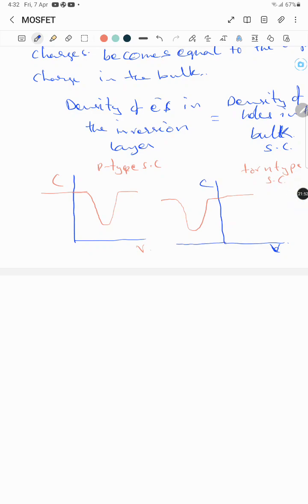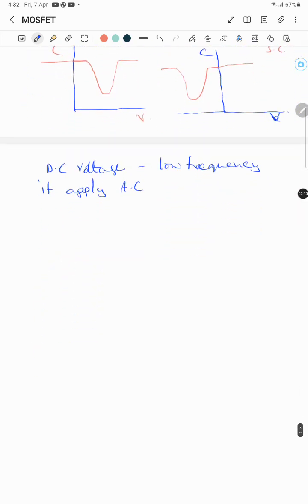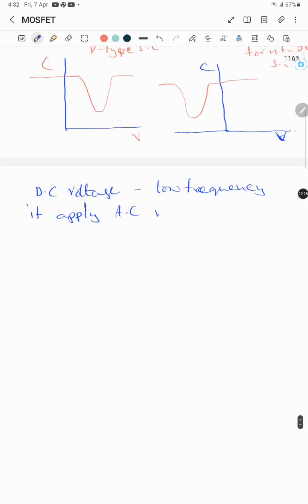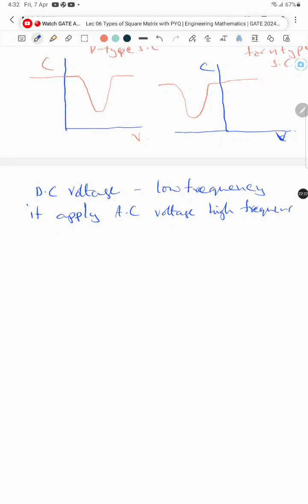Now this is happening when we are applying a DC voltage, or a low frequency voltage. We call this the low frequency CV characteristics of a MOSFET. And what will happen if we apply high frequency?